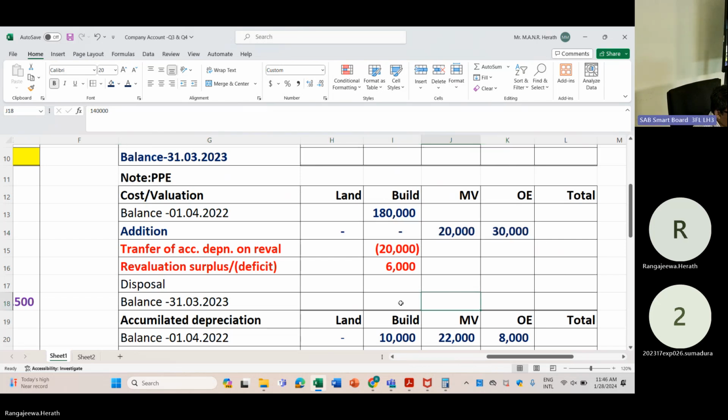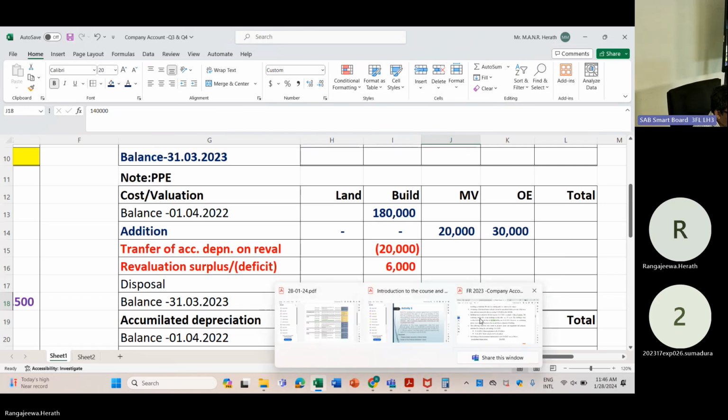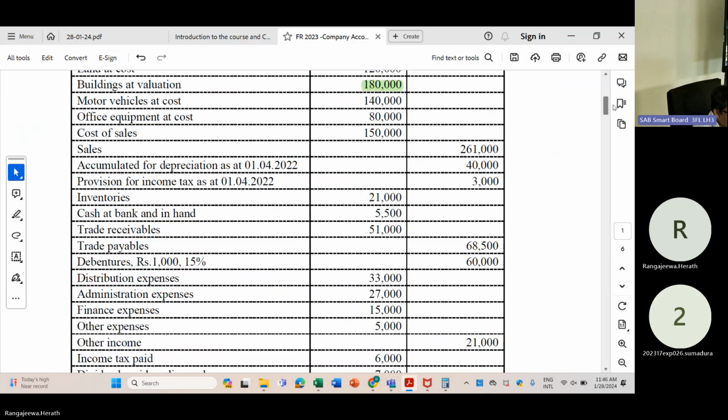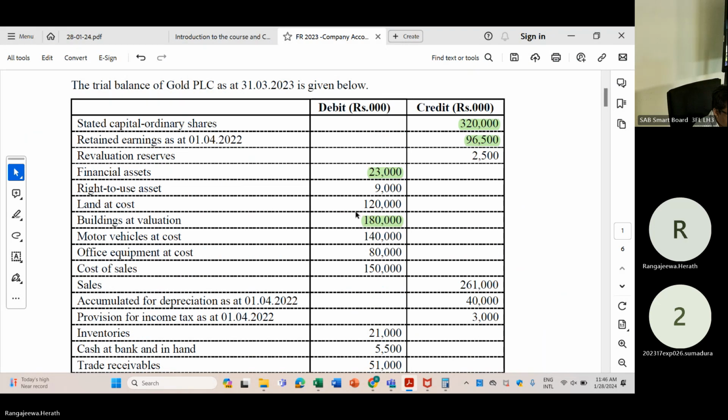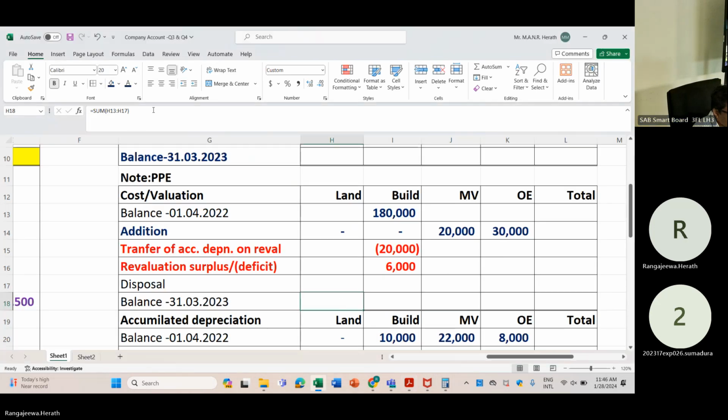Then the closing balance. In the trial balance, land is given as 120,000 with no movement during the year. So we can take this 120,000 closing balance of land as it is. For land, the opening and closing balances are the same.